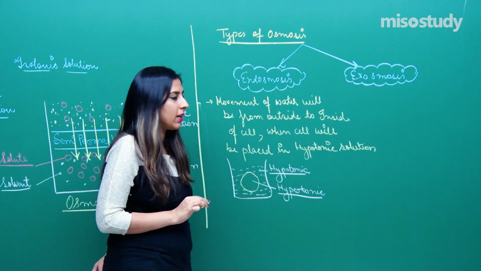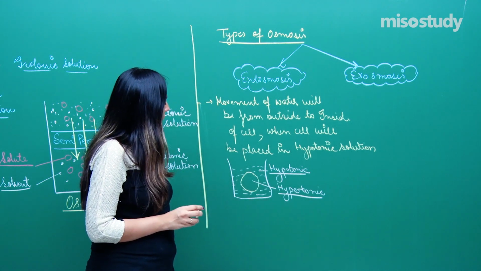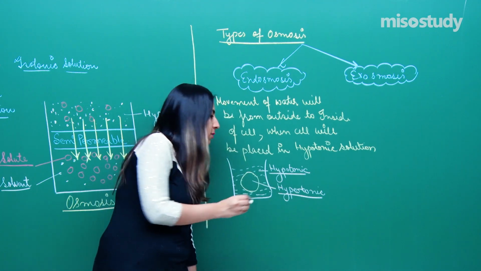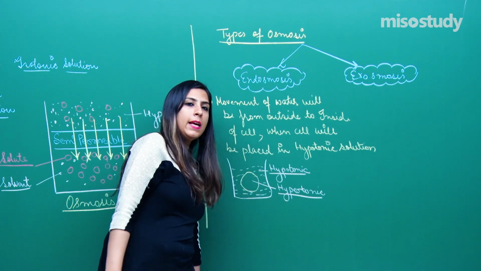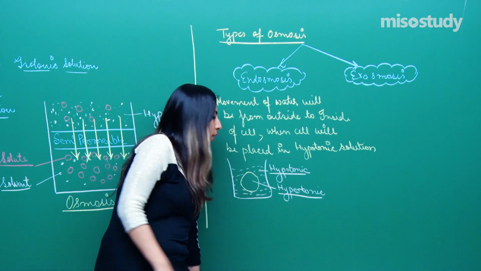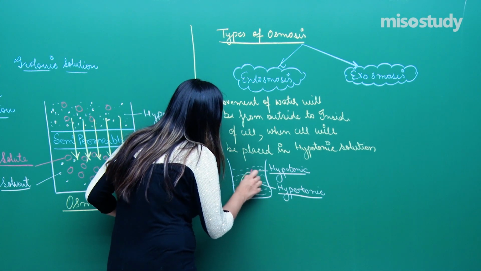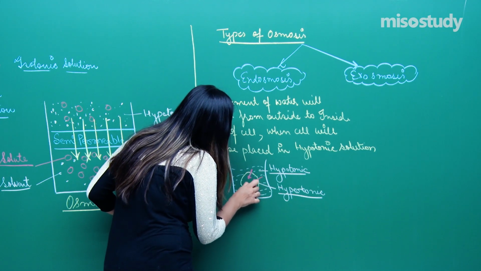Now listen to this very carefully. When we talk about endoosmosis, the hypotonic solution is present outside. That means more water is present outside. In the cell there is less water. Now what will happen? The movement of the water will occur from outside to inside like this.